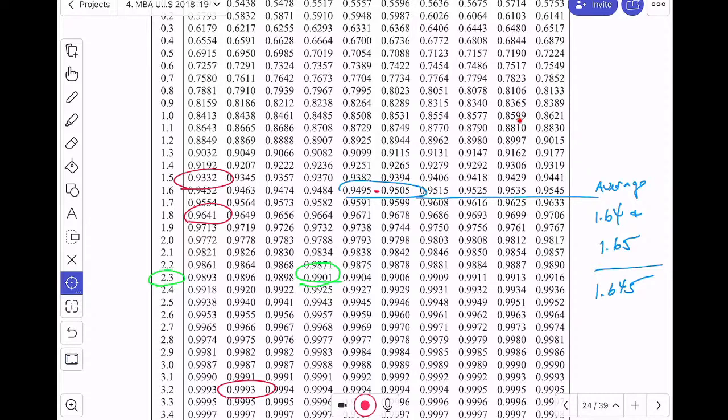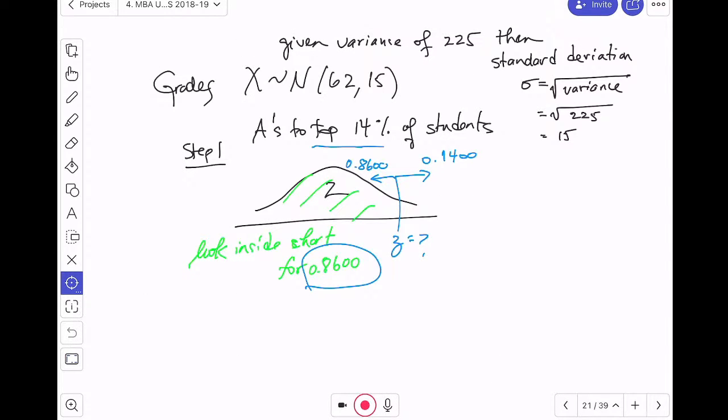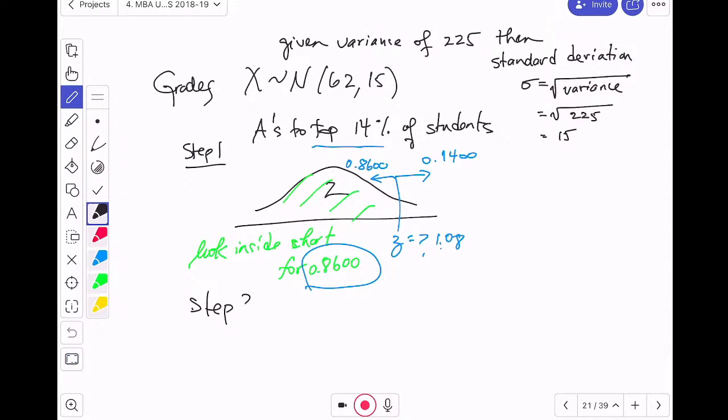So this is 1.08. So we'll put 1.08 as the answer. So this one, it's almost at 1 standard deviation. So 1.08 standard deviations from the mean, and then I convert that to a score, a grade. So Z standard deviations from the mean is the X I want.